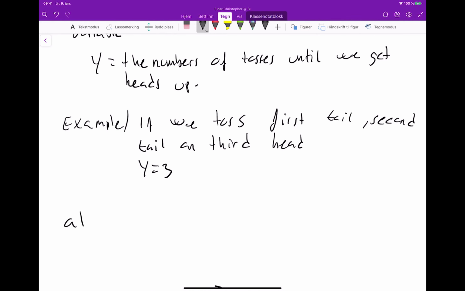A. We are now going to show what the probability of y equal 3 is.